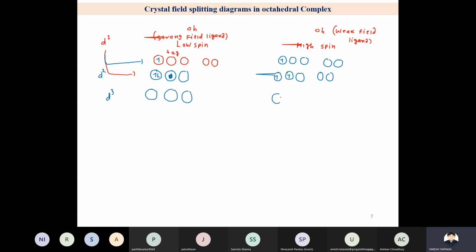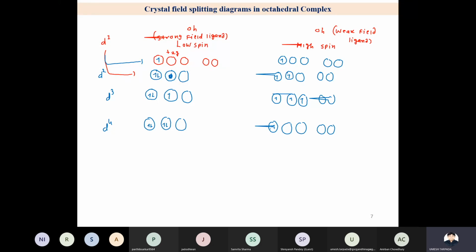Low spin में, first orbital paired and second orbital single. Yes, यहाँ पे तीनों सिंगल रहेंगे ऐसे. D4, this is D4 here.